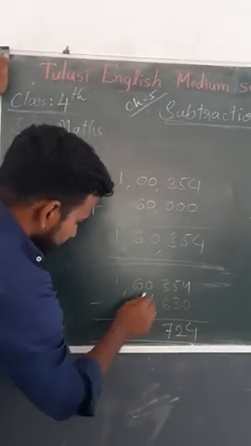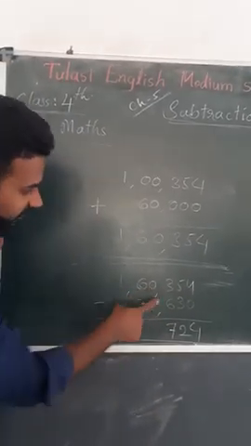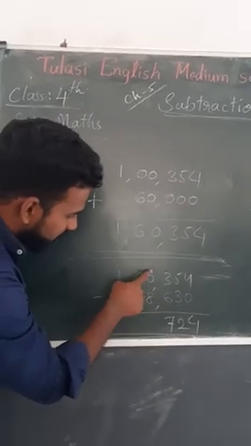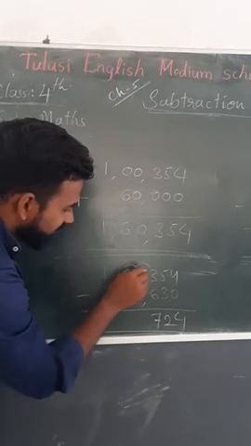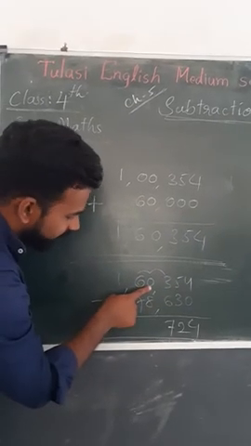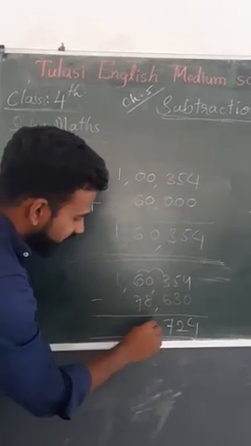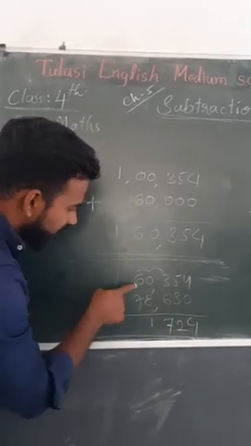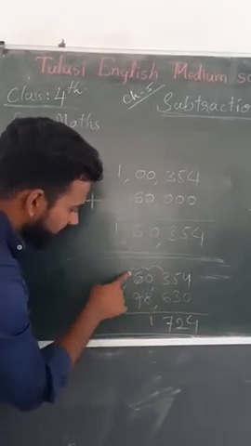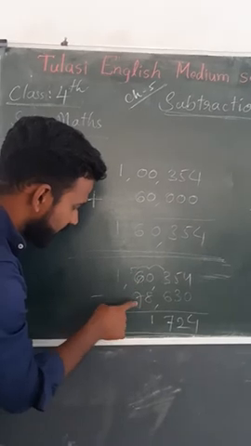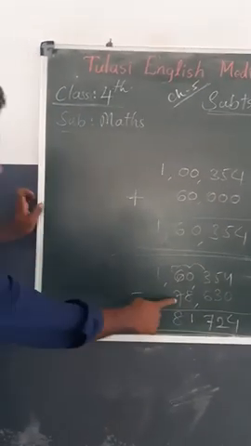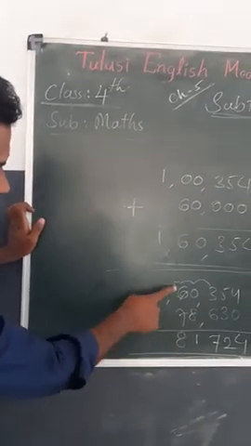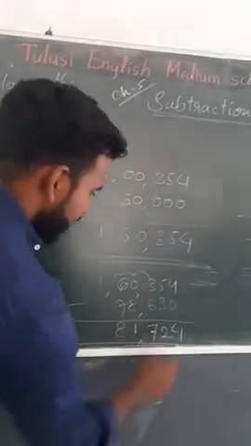See, 3 minus 6 not possible, so we have to borrow from the next place. It is not 0, it is 9. 9 minus 8, 1. It is not 6, it is 5. 5 minus 7 not possible. 15 minus 7, 8. Because 7 plus 7, 14 plus 1, 15. 81,754.